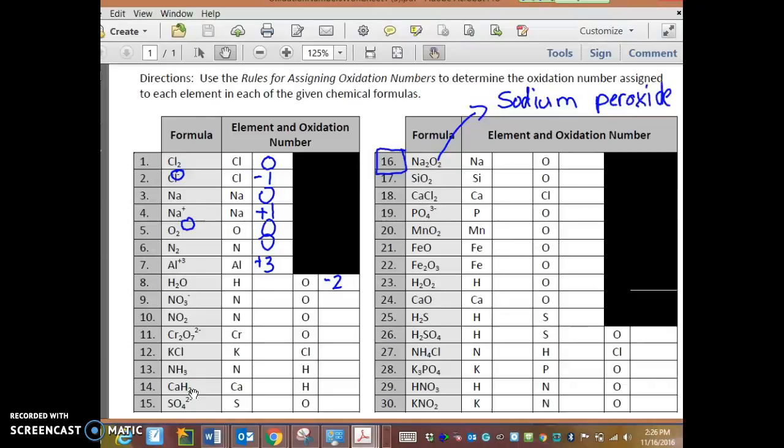What is the rule about oxidation numbers if oxygen is present as a peroxide ion? It is a -1. I'll put this up here so that we remember it when the time comes to work on question 16. Back to water, number 8. Oxygen is -2, +1 for the hydrogen. Awesome.